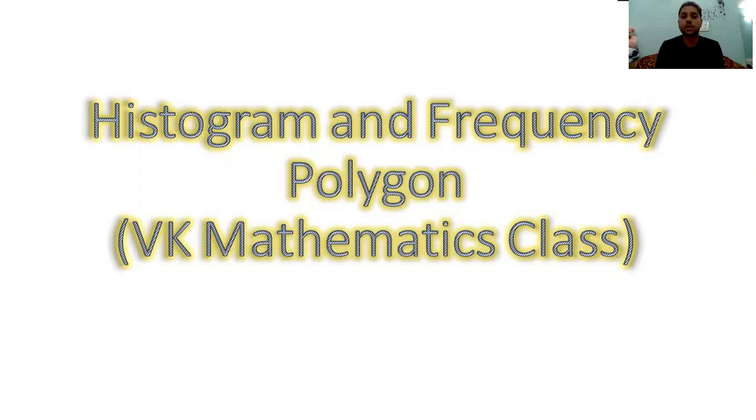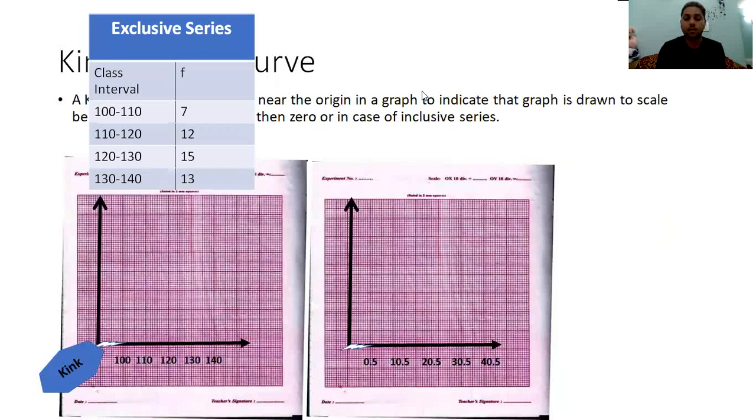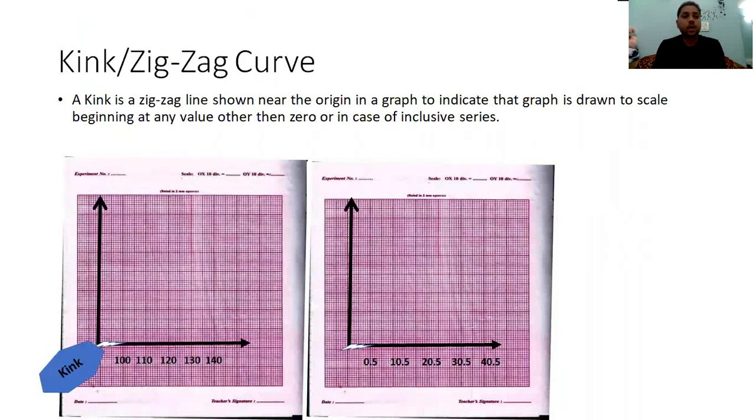In this video, we'll discuss some basic concepts related to the frequency polygon and also inclusive and exclusive series in extended form here. Okay, now first begin with the basic concept, the kink.